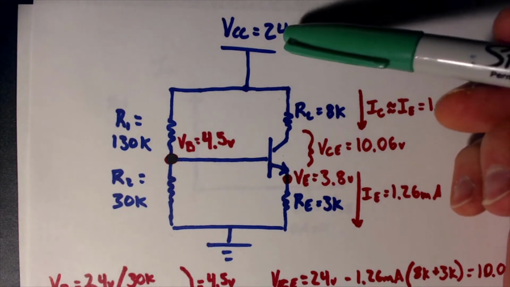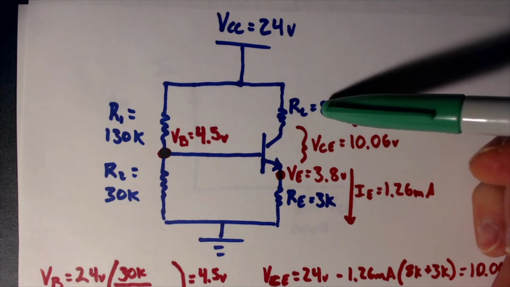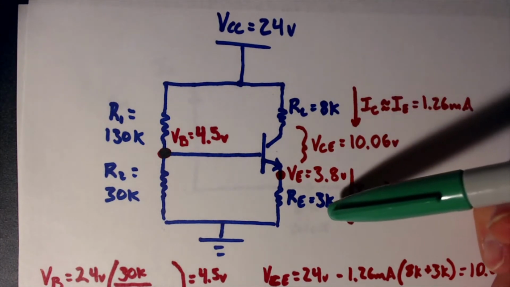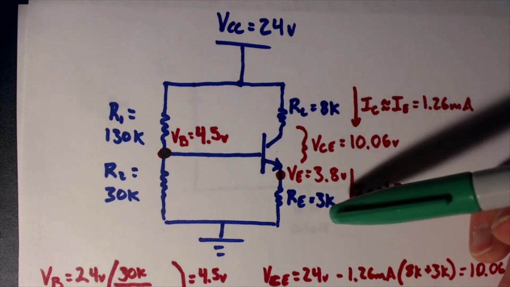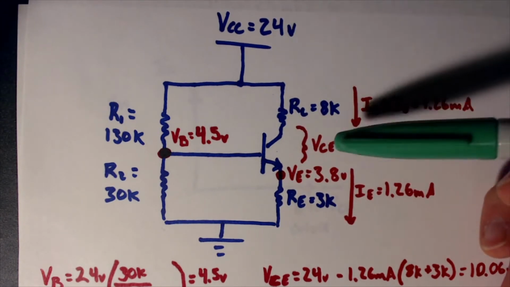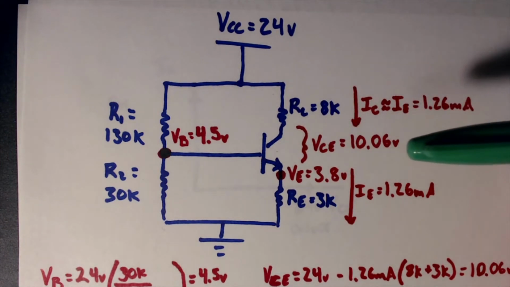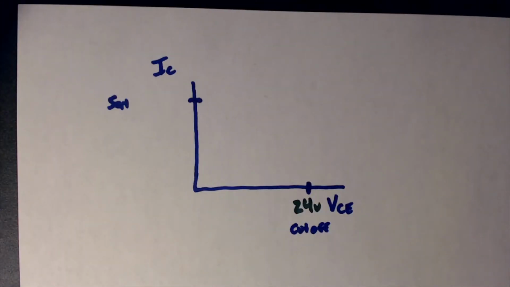Well, it's just going to be 24 volts divided by this 8K plus the 3K, right? So if this was just a wire here, 8K plus 3K is these two resistors in series. Take 24 volts, divide it by that, and we're doing Ohm's law, and we'll get what IC is at saturation.